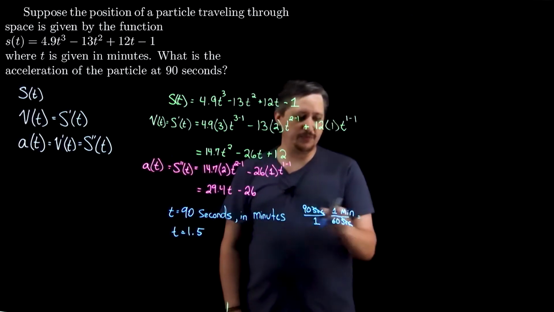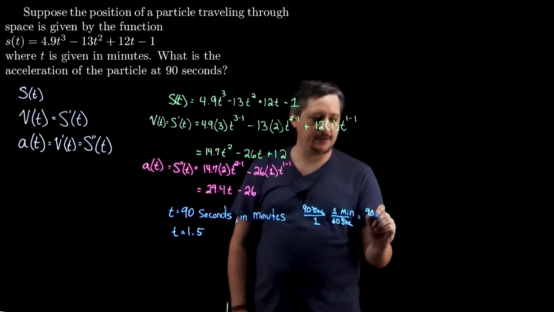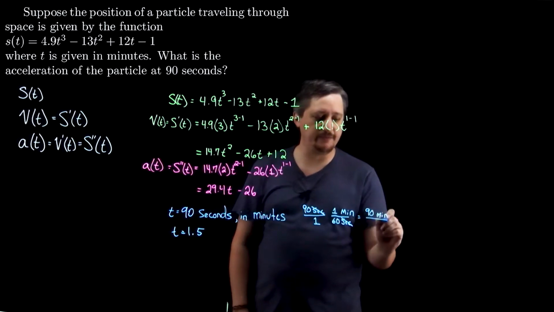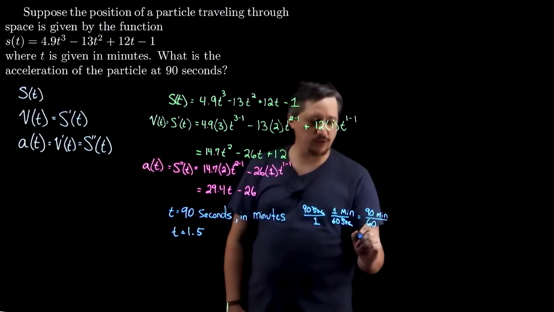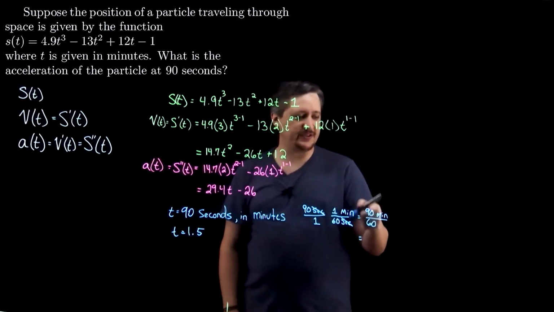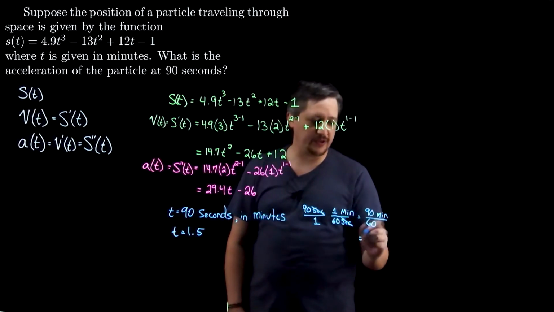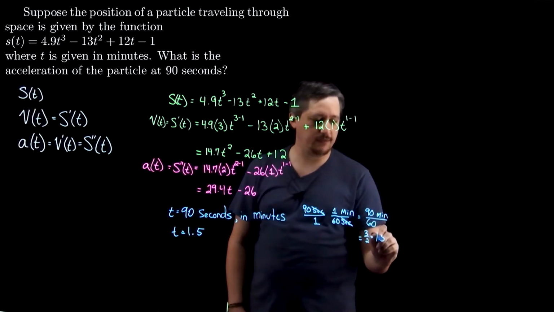You multiply straight across, you get 90, and now I'm in units of minutes over 60. Then if you reduce this, you get 9 over 6 by dividing both by 10, which is really 3 over 2, which is really 1.5.